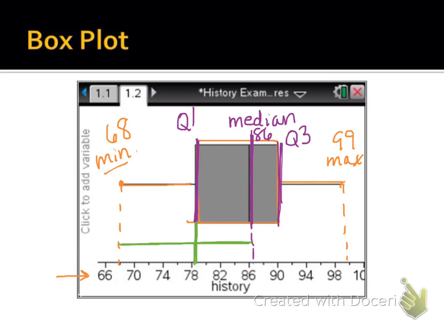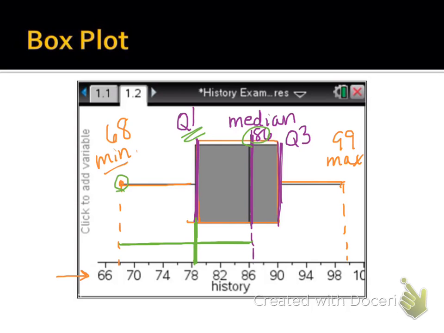The nice thing about doing this on the TI Inspire is that as you move your cursor over that, it will tell you exactly what those numbers are. But you can see here that we have a score that is meant to be the median between 68 and 86. And that's what quartile 1 is. Okay?